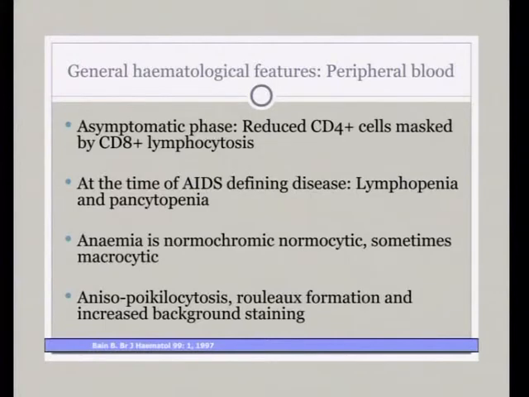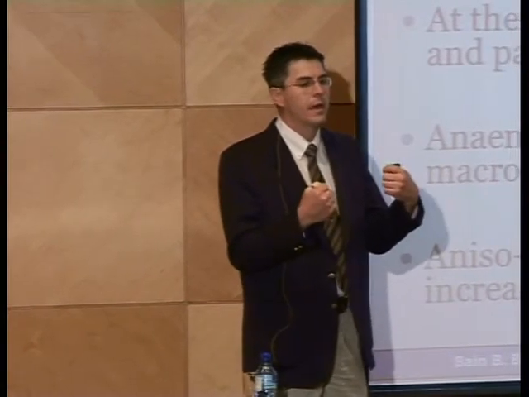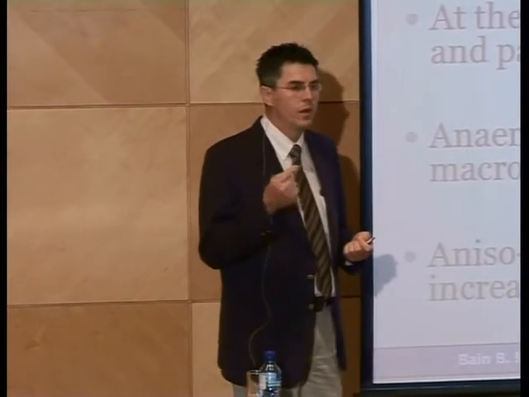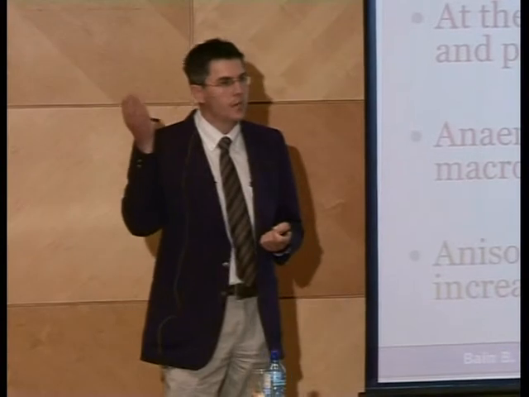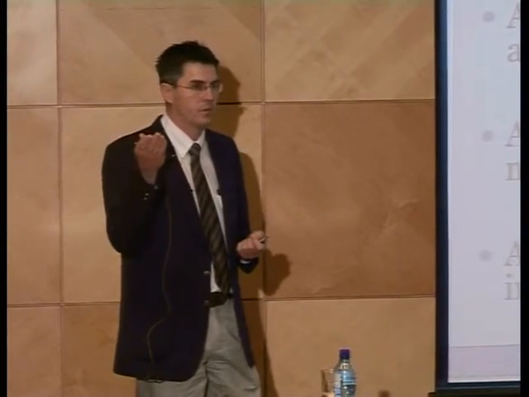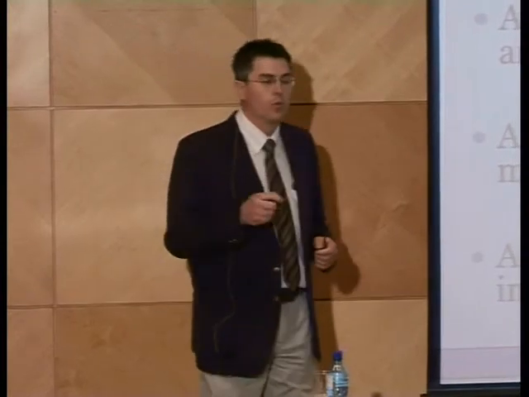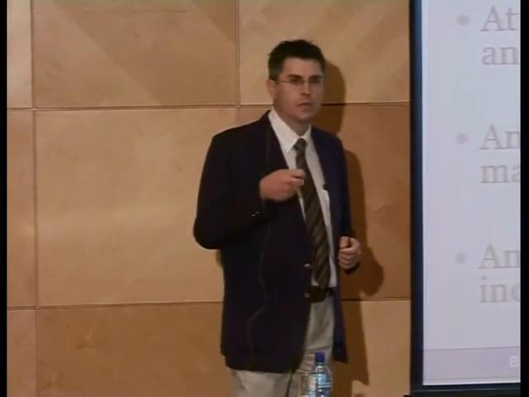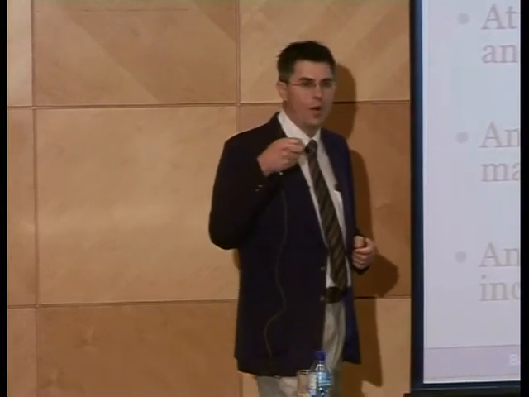What affords these cells to do that? Because red cells usually carry a negative charge and would repel one another. It's a function of the polyclonal gammopathy and the increased immunoglobulins that are circulating in the plasma of these patients. And that will also give a more rapid erythrocyte sedimentation rate.